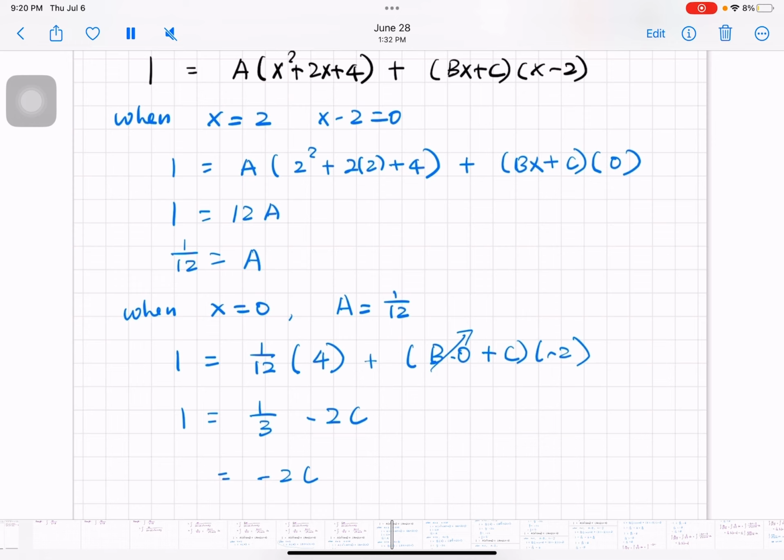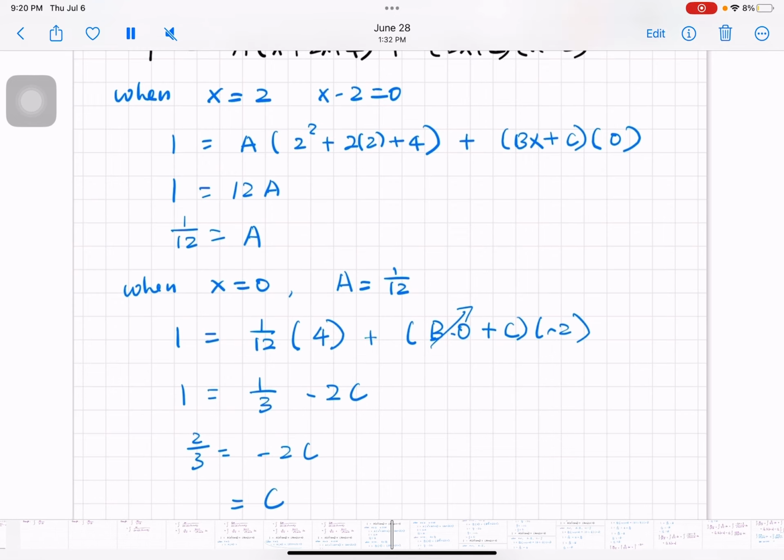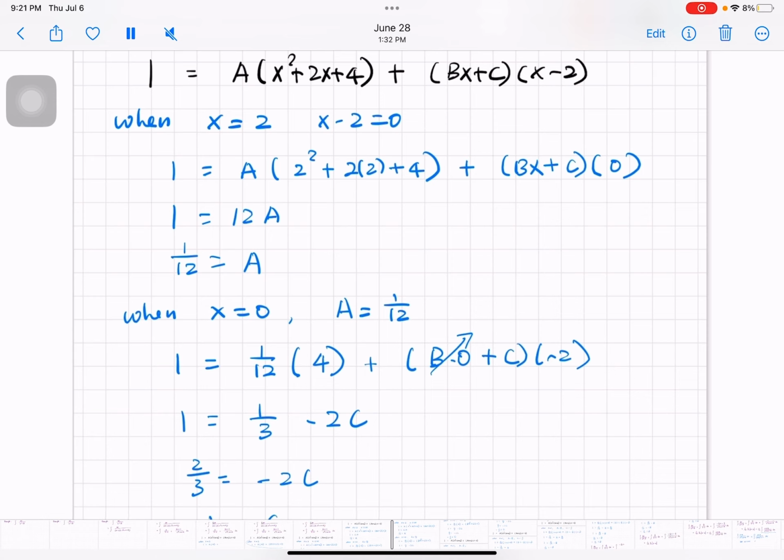So doing some simplification, subtractions, I got c equals positive 1/3. Or negative 1/3, because 1 minus 1/3 is positive 2/3. So I got a equal to positive 1/12, c equal to negative 1/3.